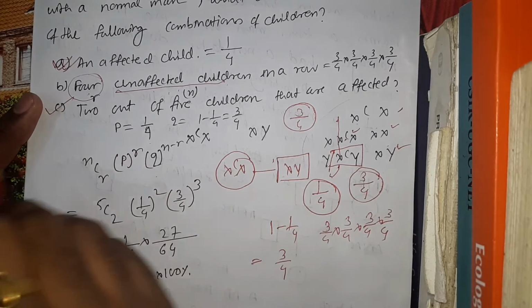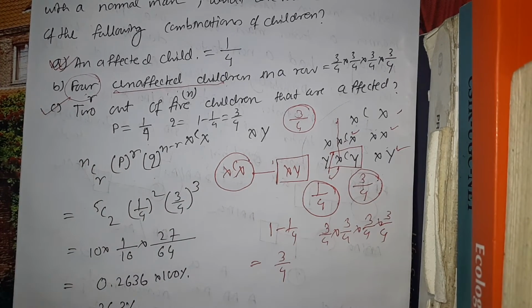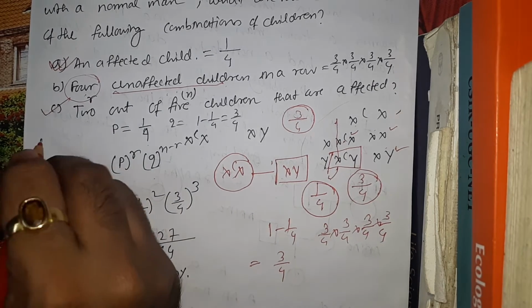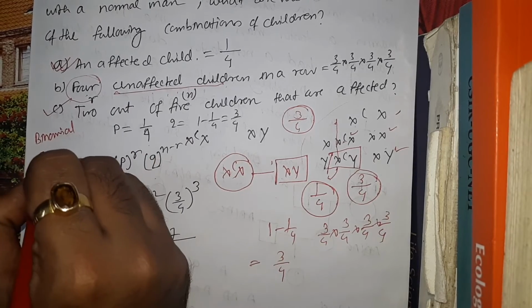Now let's move to the third question, where they are telling us that 2 out of 5 children are affected. To handle this type of question, you first need to know the binomial expansion.